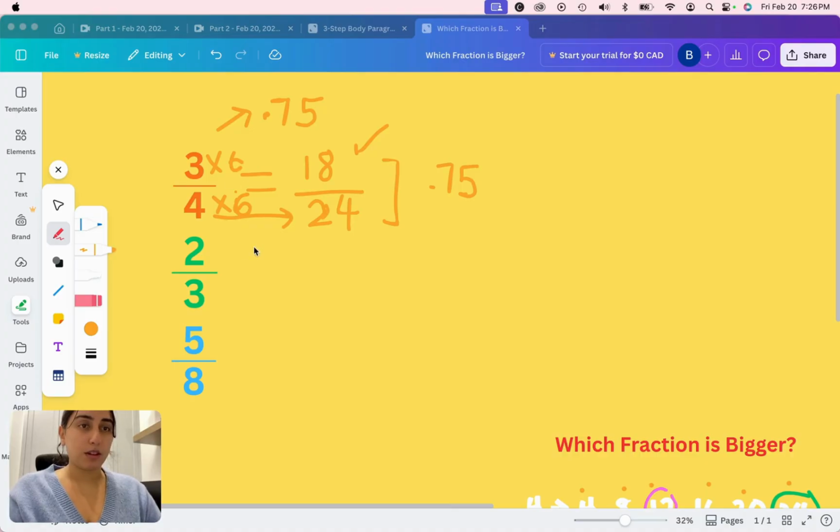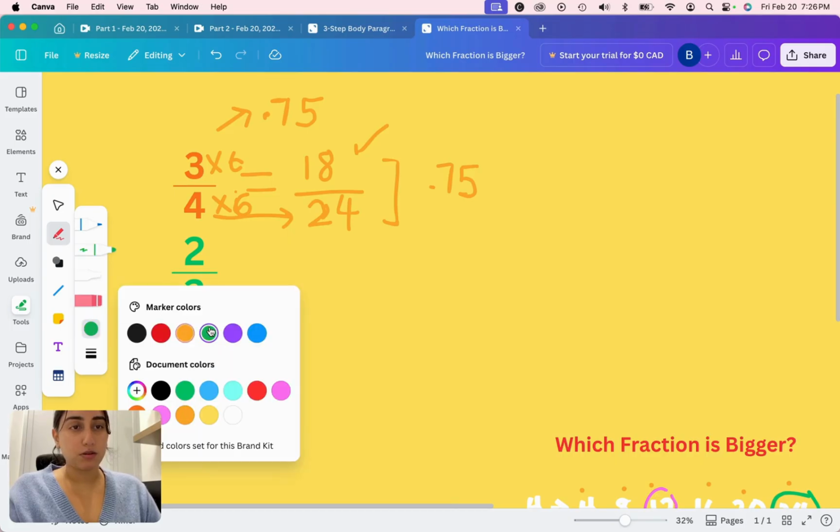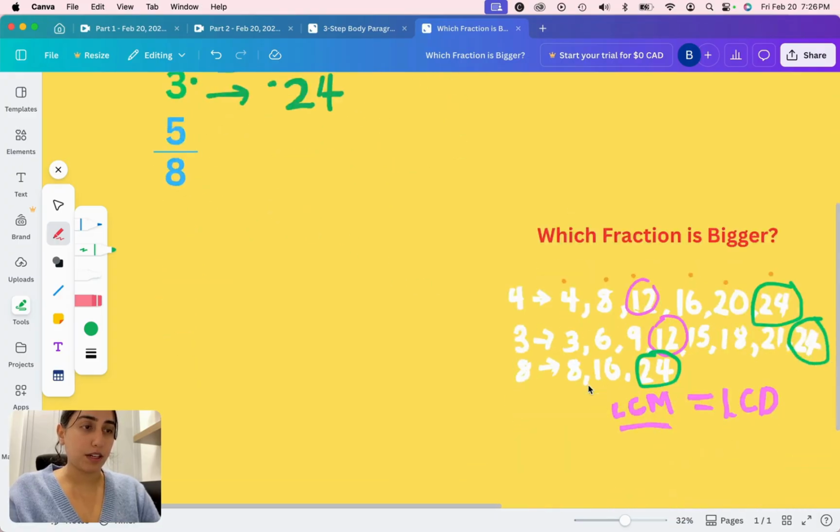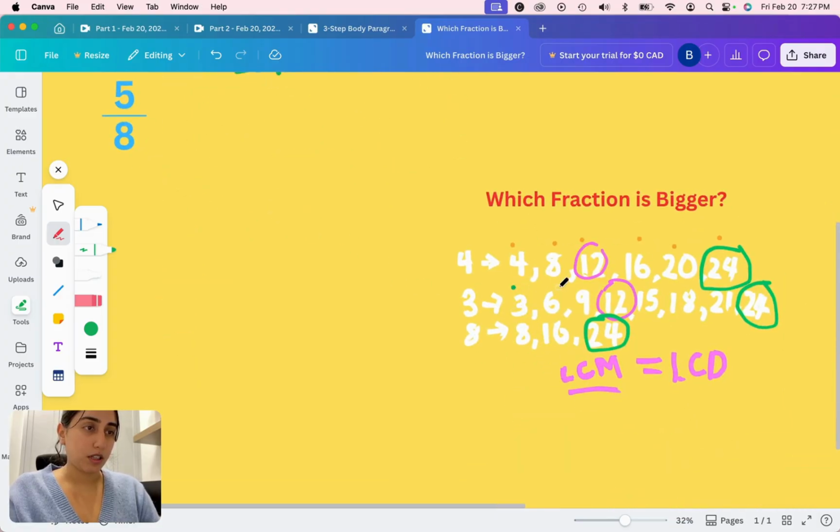Now we do the same thing for 2 over 3. So with 2 over 3, we also have to put this fraction over 24. Why? It's so that we can compare them easily. So to turn 3 into 24, we multiplied by 1, 2, 3, 4, 5, 6, 7, 8.